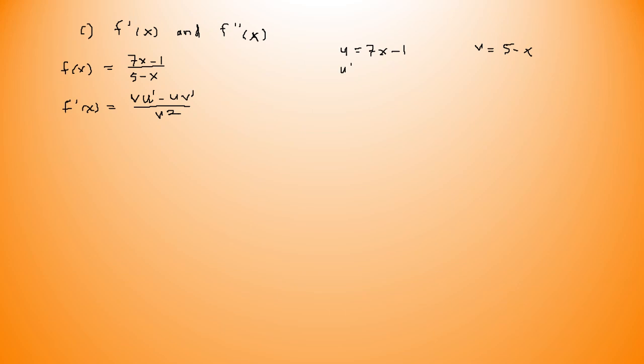So u' is equal to, differentiating 7x - 1, we get 7. v', differentiating 5 - x, we get negative 1. So substitute into f'.